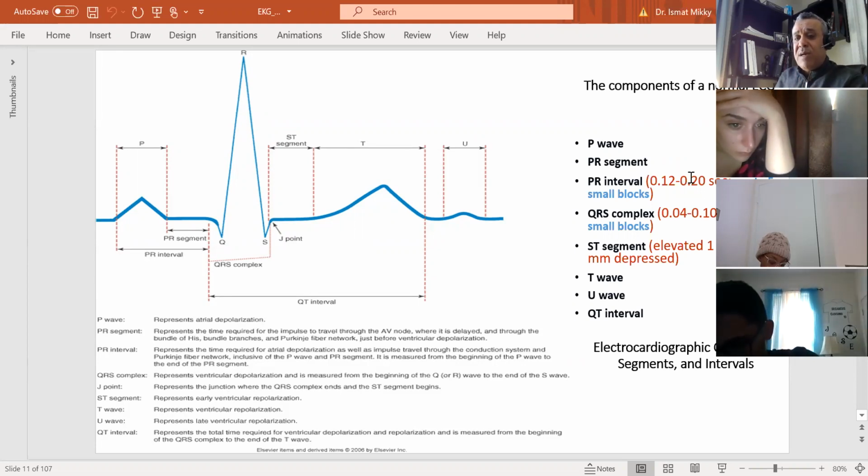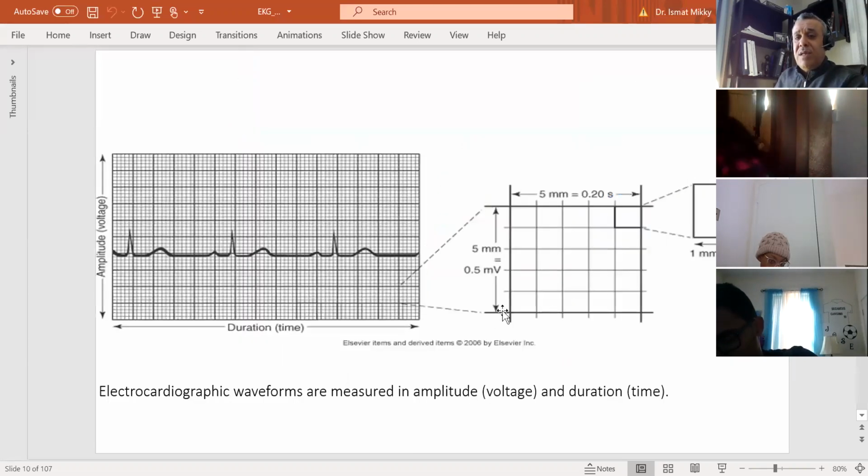In other words, 5 small boxes is equivalent to 1 large box. The PR interval is measured from the beginning of the P to the beginning of the Q.